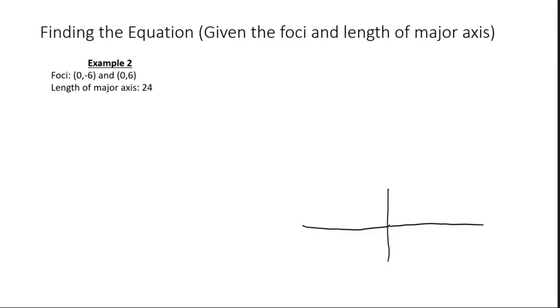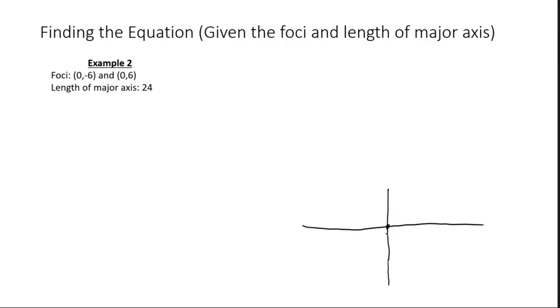So your equation is going to look like this. Let's try one more example, and this is similar to the last one. But here we have the foci are at 0, negative 6, and 0, 6, and the length of the major axis is 24. When you're doing this, it may be helpful to draw a picture at some point. So your center is going to be at 0, 0. Your foci, 0, negative 6, that's going to be down.